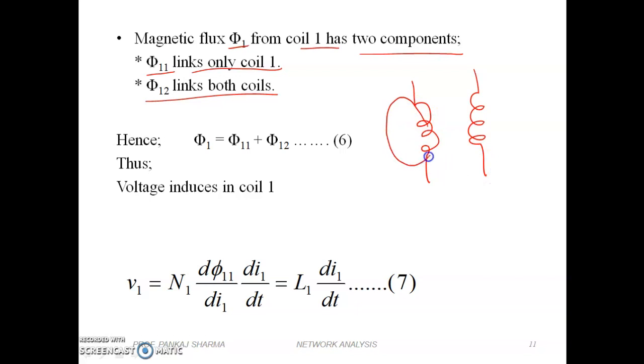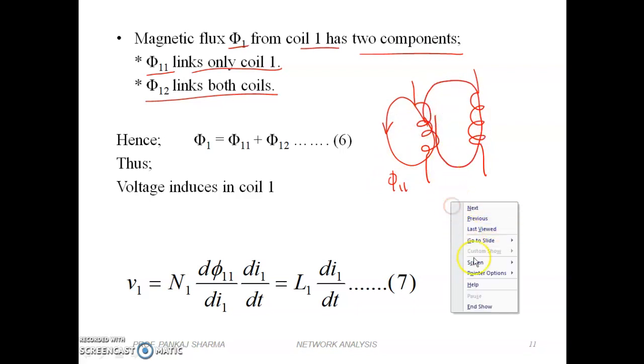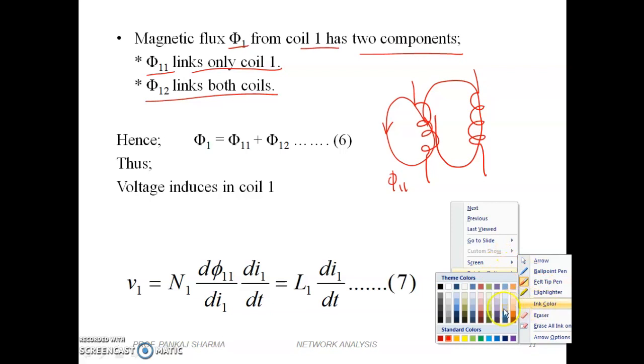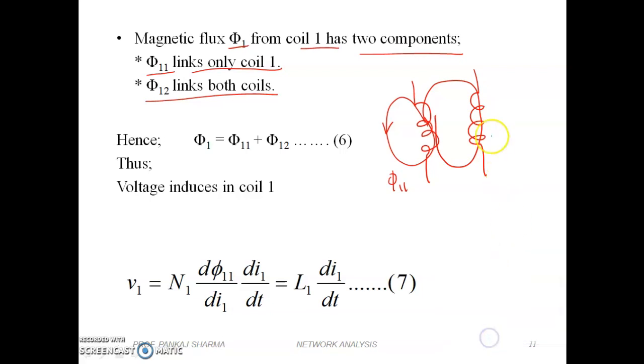This is your phi1 which links with itself. A part of this flux is linking inductor number 2.